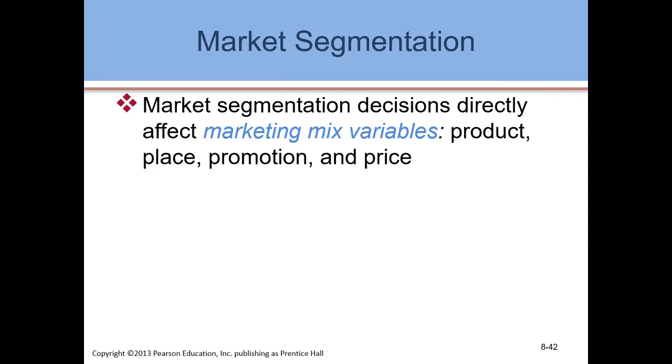So market segmentation decisions directly affect marketing mix variables related to the product decisions, place decisions, promotion factors, and the pricing of the products and services. And obviously, these marketing mix variables we are looking at are related to the manufacturing concerns.